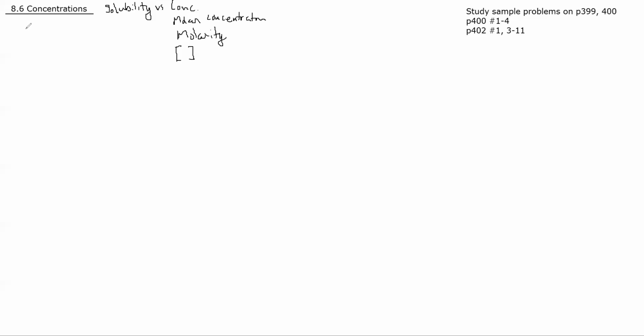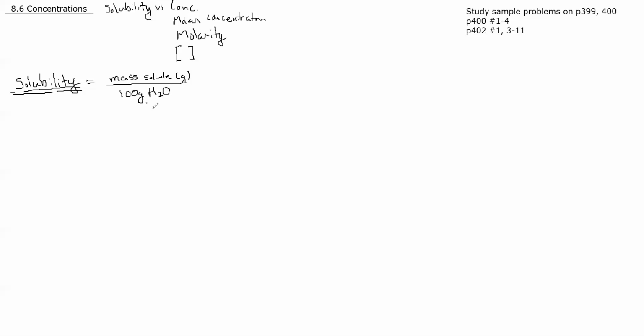Molar concentration, the idea of molarity. First, let's talk a little bit about solubility. Up until now, I'm going to take a step back and do a math calculation question for solubility. Again, I said today we're going to be a little bit more mathy. Solubility, if you remember, is essentially the mass of the solute in grams divided by the mass of water, but specifically 100 grams of water.